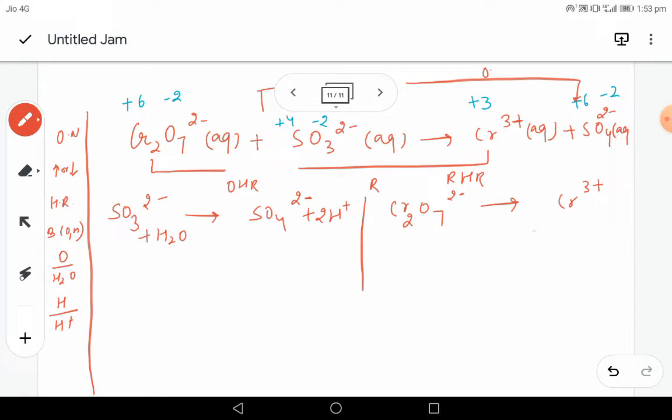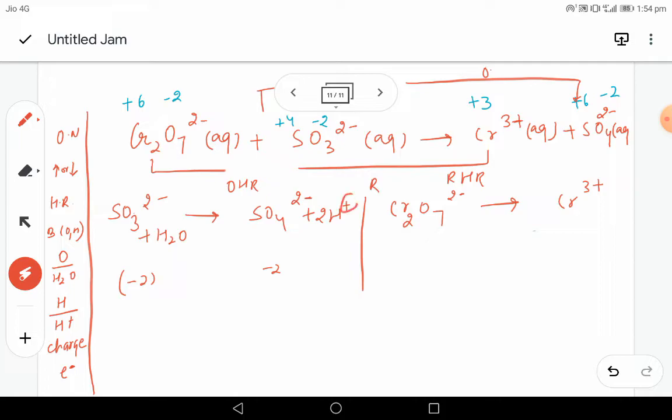The most important step in half reaction is, once we are done with the balancing of hydrogen, we have to balance the charge by adding electrons. And how do we do it? Just see, over here we have got 2 negative, so the total charge here is -2. Here we have 2 negative, so it means -2.